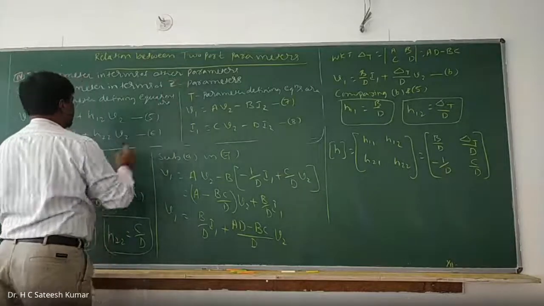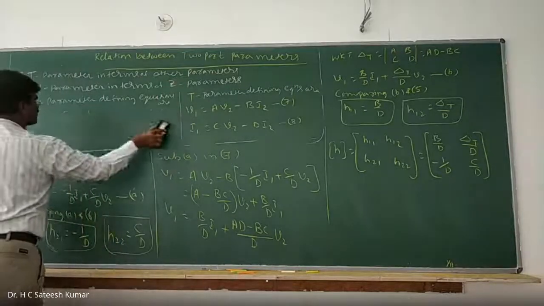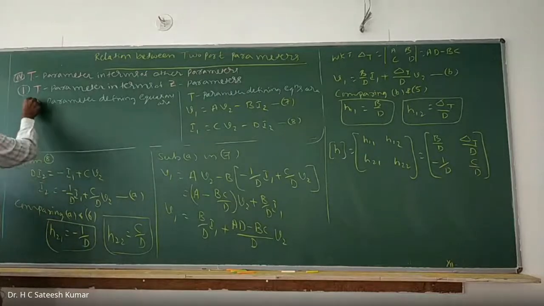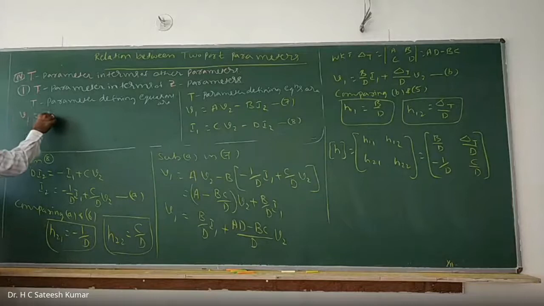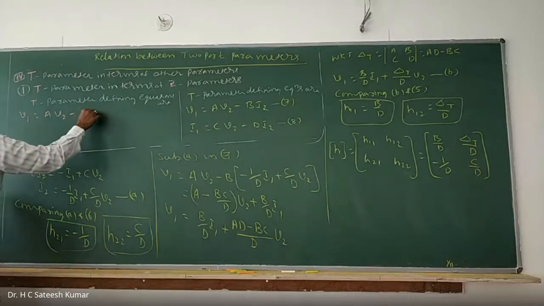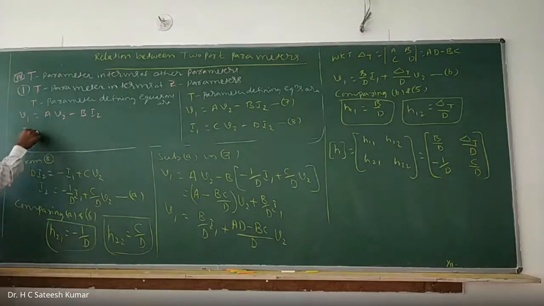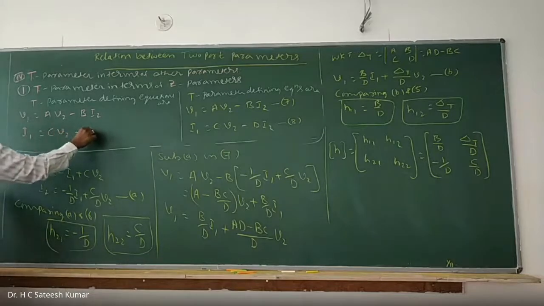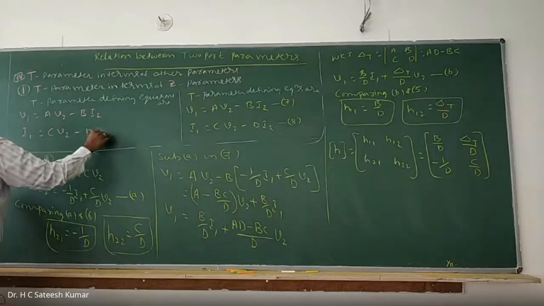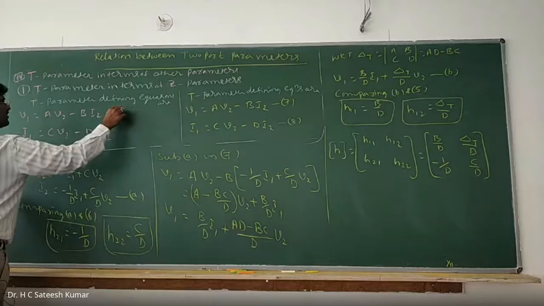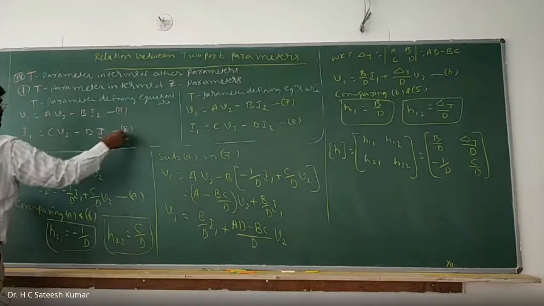And the T parameter defining equations are V1 is equal to AV2 minus BI2, I1 is equal to CV2 minus DI2. We called these equations 7 and 8. I want to write it in the same order.